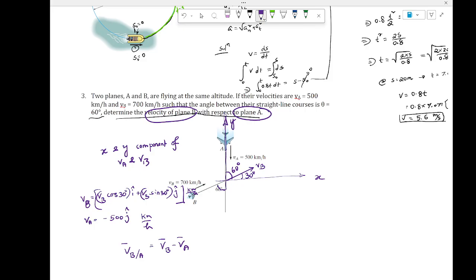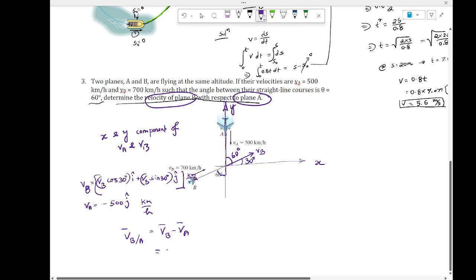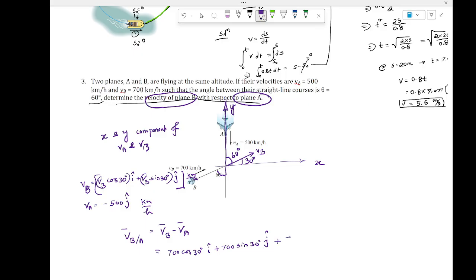All right. So now that we have that, what we've got to do is simply plug in the values. And when I'm saying plugging in the values, you've got to find those values, right? So you have 700 cos 30 i plus, what is the next one? 700 sin 30 j, and then 500 j.